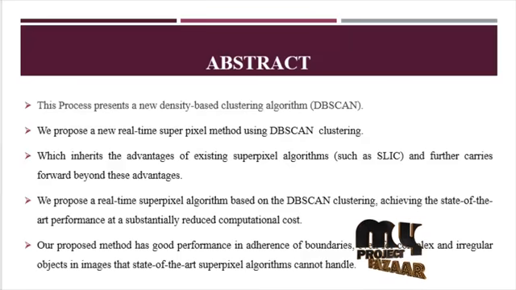A robust and simple distance function is defined for obtaining better superpixels in these two steps. The experimental results demonstrated that our real-time superpixel algorithm by DBSCAN clustering outperforms the state-of-the-art superpixel segmentation methods in terms of both accuracy and efficiency.